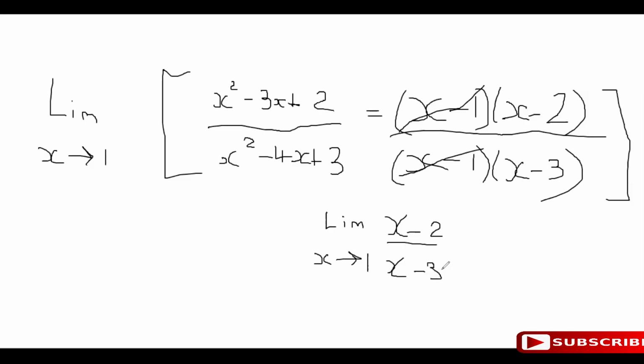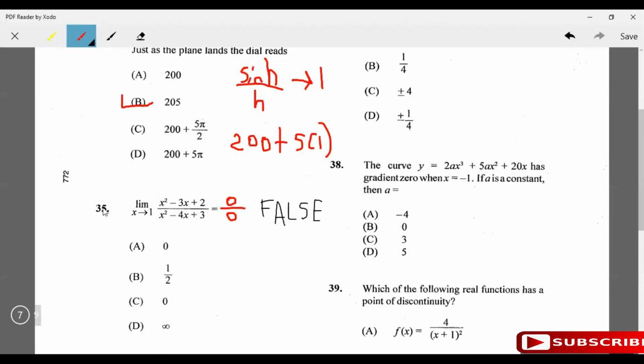When I plug in 1, 1 minus 2 is minus 1 over 1 minus 3, which is minus 2. So I'm getting a half. The solution is a half, so that's option B.